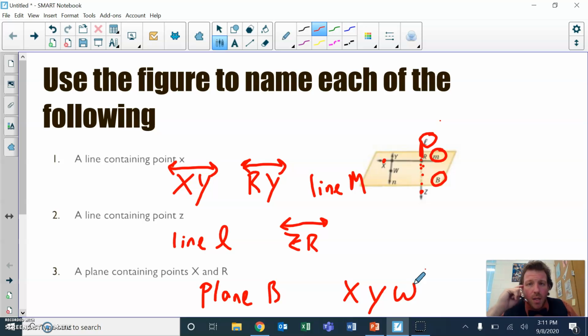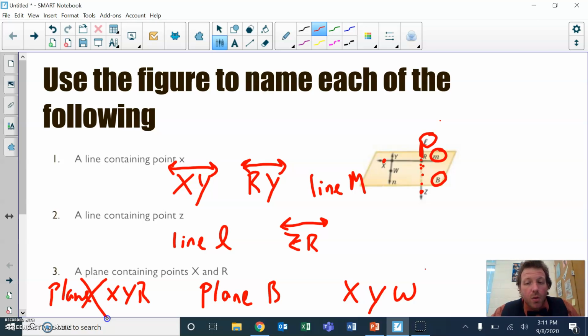So plane XYW would work, okay? What we couldn't say, and which doesn't work, is plane XYR, because that actually is forming a line. And so we can't name a plane that way, so that's incorrect.